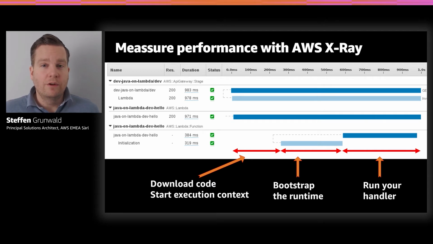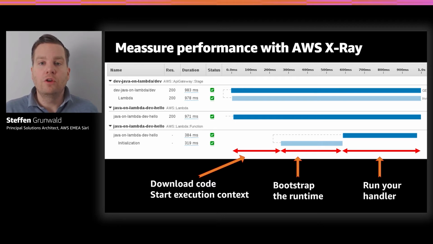AWS X-Ray is a service that records all these phases as segments, stores it, and also visualizes it in the console, as you can see here. All you need to do is activate tracing in the Lambda console, or you can also do this via CloudFormation template or via the API.